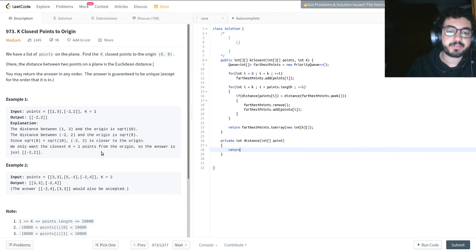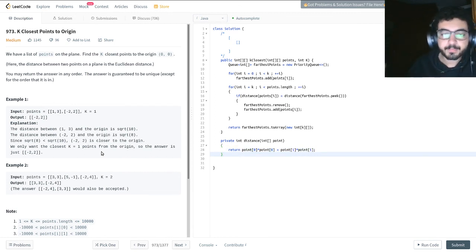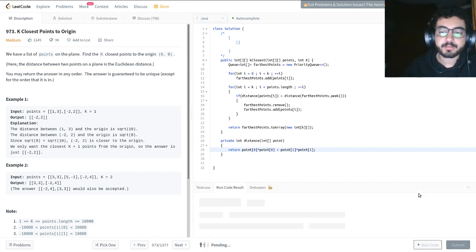So it would just return point of 0 times point of 0 plus point of 1 times point of 1, because it's with the origin, so minus 0 is the same as just not including it. So let's just try to run it.